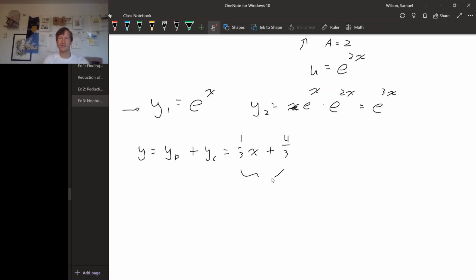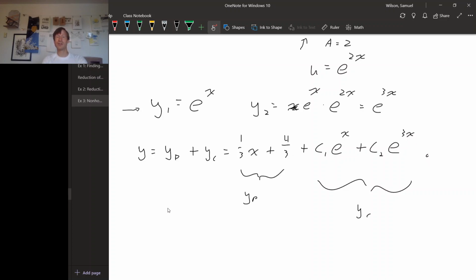So this part is the particular solution, and then plus the complementary solution, which is some constant c1 times y1, which is e to the x, plus some other constant times y2, which is e to the 3x. And there we go. There's a general solution to the non-homogeneous equation.